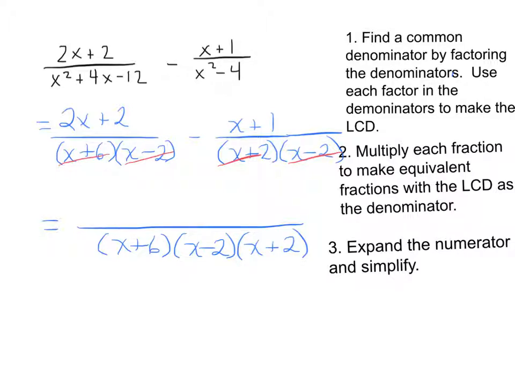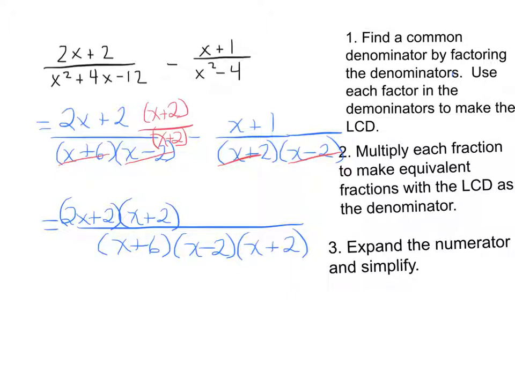Which means that we need to multiply it by x plus 2. So what we're multiplying here is x plus 2 over x plus 2, because when you do that, the denominator will become x plus 6, x minus 2, x plus 2. So I'm just going to write that here. 2x plus 2 has to multiply by x plus 2.